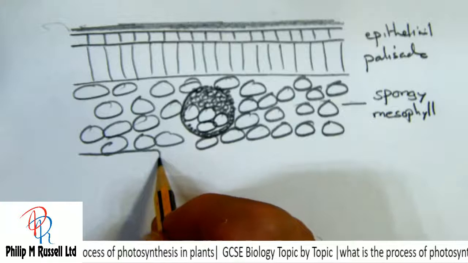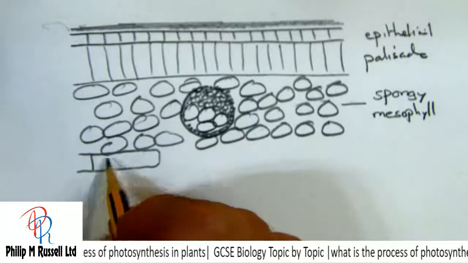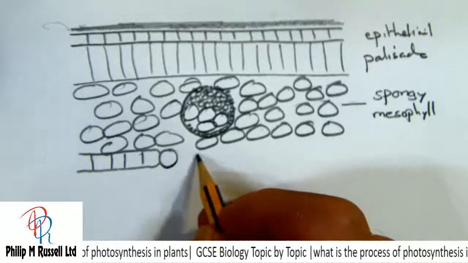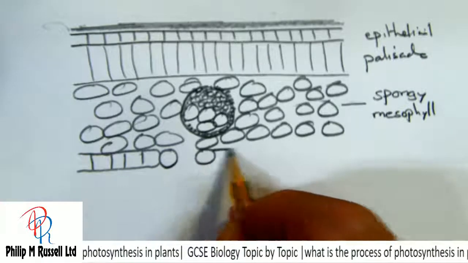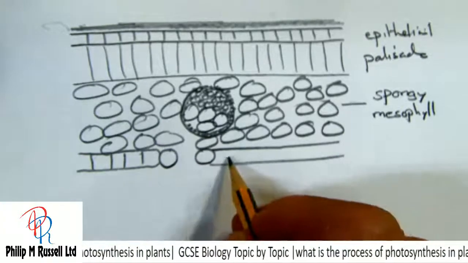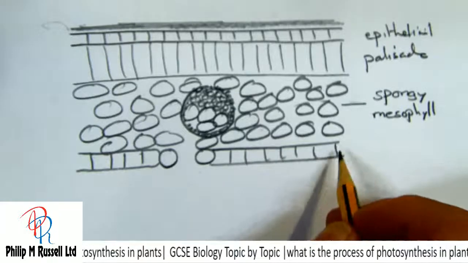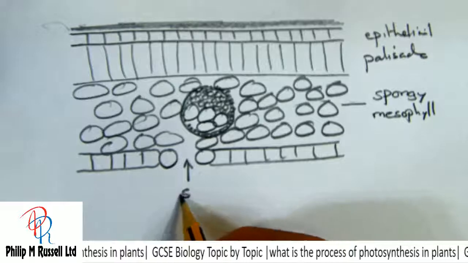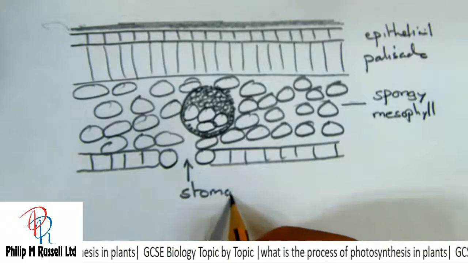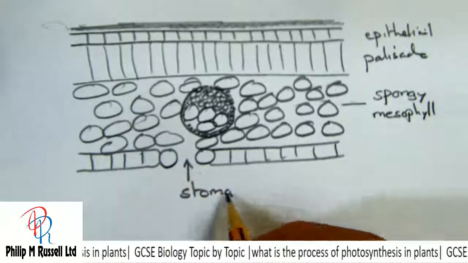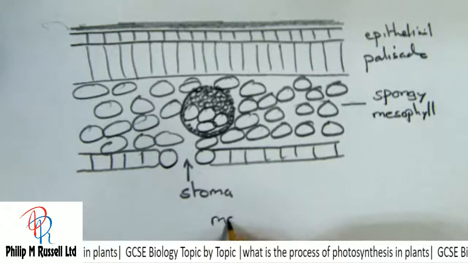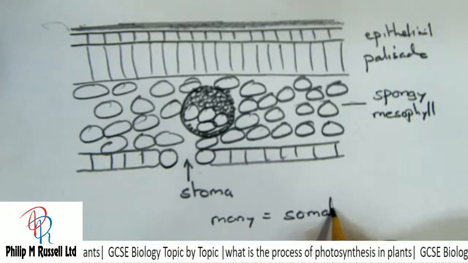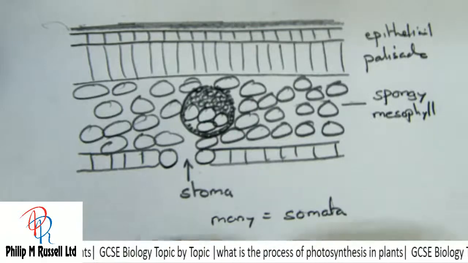So we have a lower set of epithelial cells, and with these we often have little holes associated. The hole is a stoma, and many of them equal the stomata.